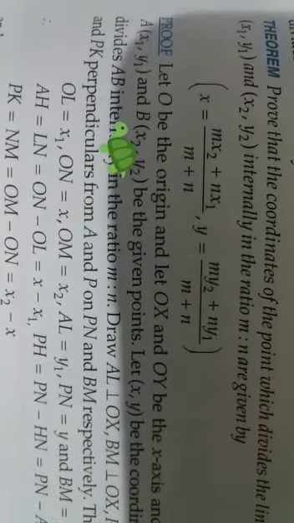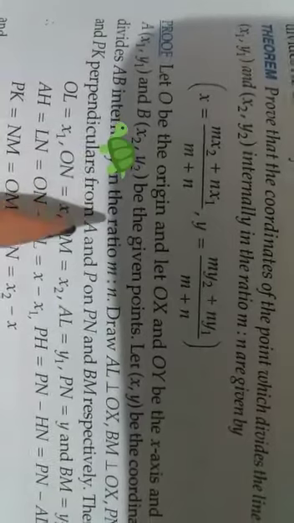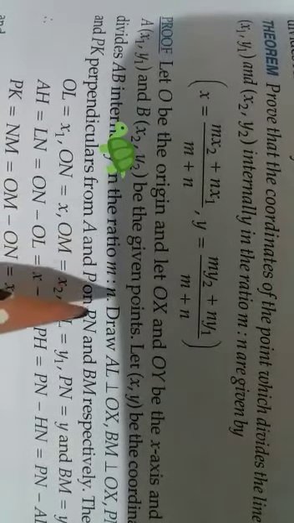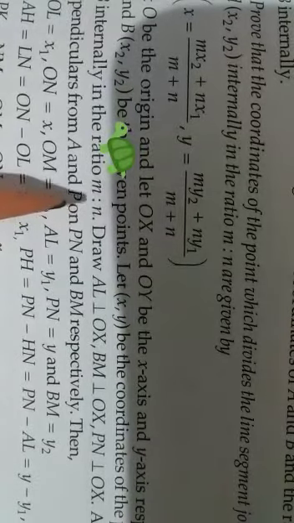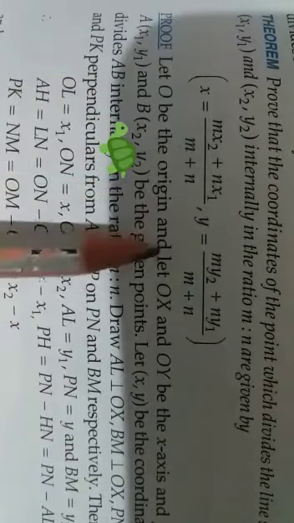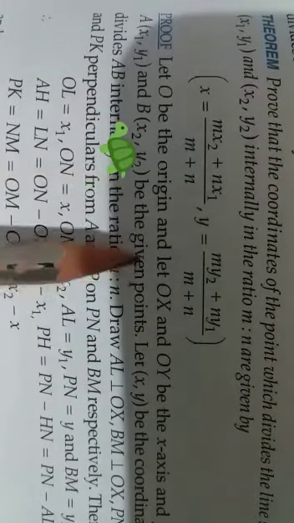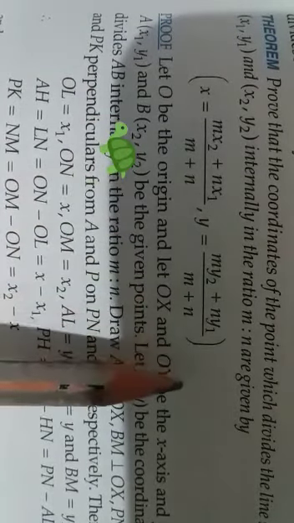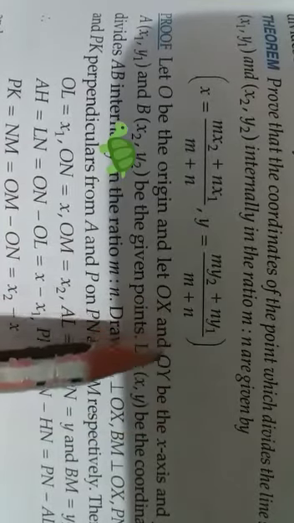Here we have to prove that the coordinates of the point which divides the line segment joining the points x1, y1 and x2, y2 internally in the ratio m is to n are given by x is equal to (mx2 plus nx1) by (m plus n) and y is equal to (my2 plus ny1) by (m plus n).